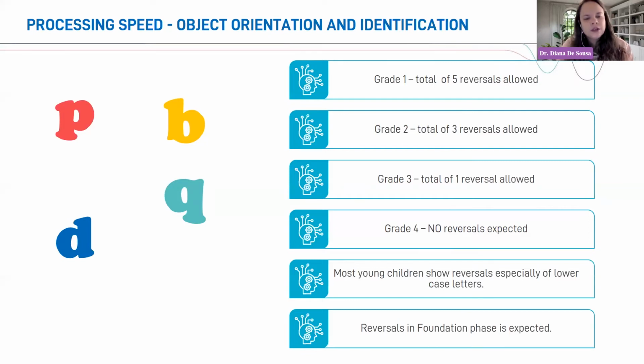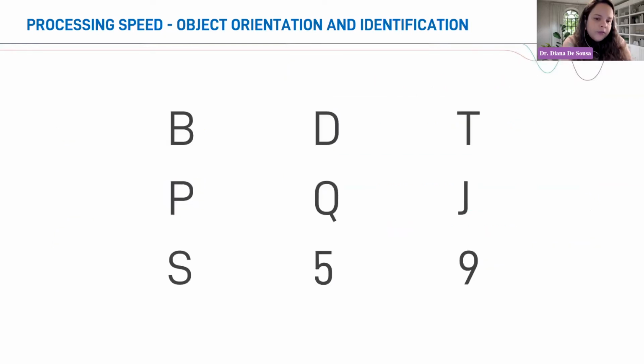Of course, as the child moves through the grades, it becomes less prevalent. So the idea is that by grade 4, no reversals would be expected. And there tends to be a reversal of your lowercase letters. So processing speed is very important in identifying letter spatial configuration. So letter reversals are common.